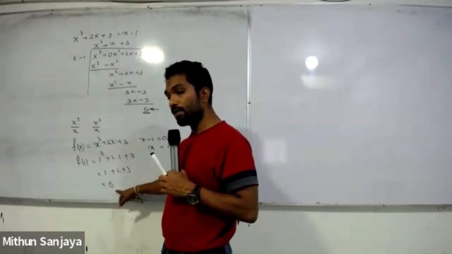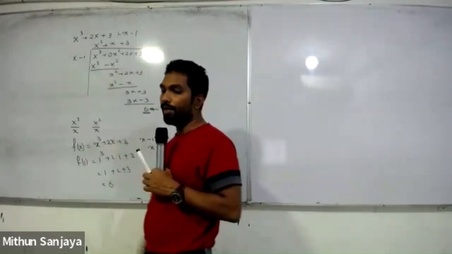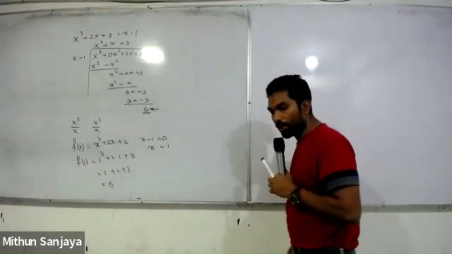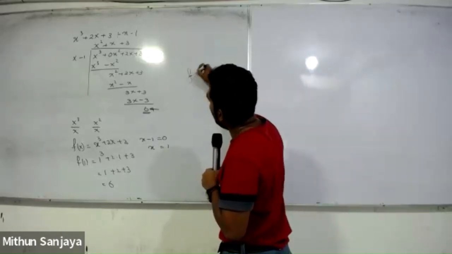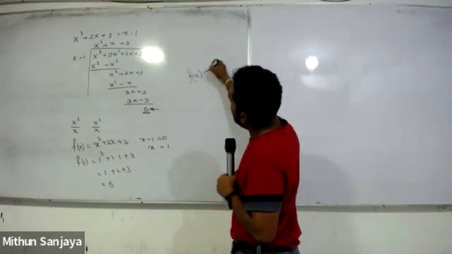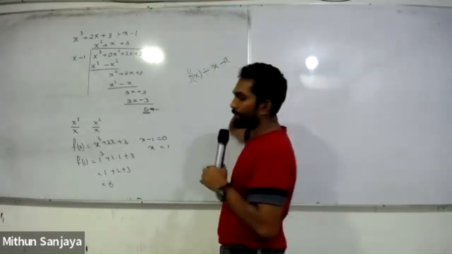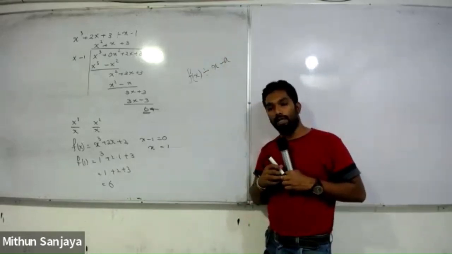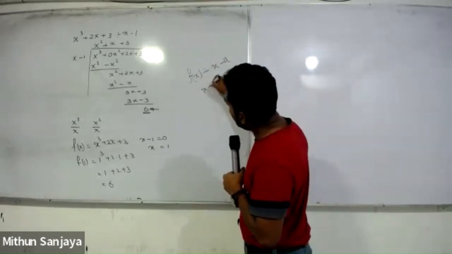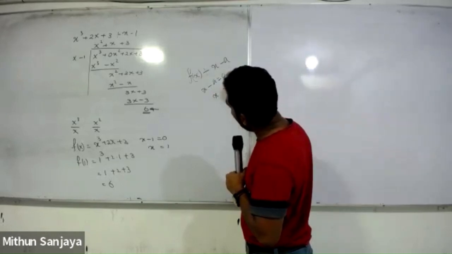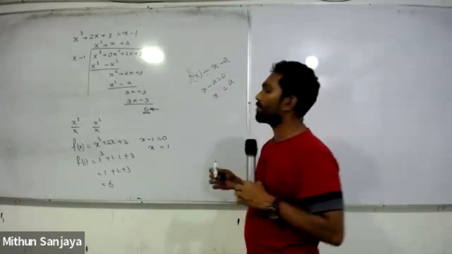So we have a relation here. What is the relation? We have a function f(x) that is divided by a linear divisor, x minus a. This is the dividend and this is the divisor. Setting the divisor equal to 0, the value of x is a.